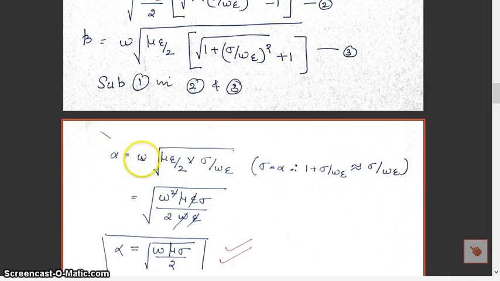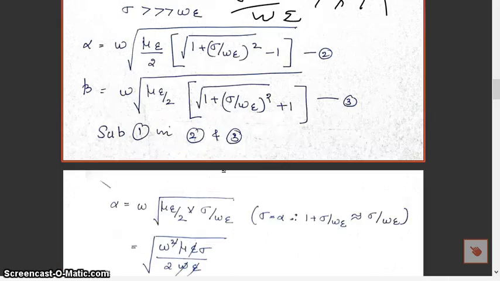When you substitute sigma equal to infinity in alpha, you will get alpha is equal to omega into square root of mu epsilon by 2 into sigma by omega epsilon. Because here sigma is infinity, so sigma by infinity will be a larger value. So I can write 1 plus sigma infinity is nearly equal to sigma by omega epsilon.